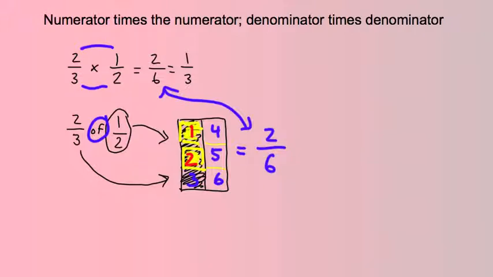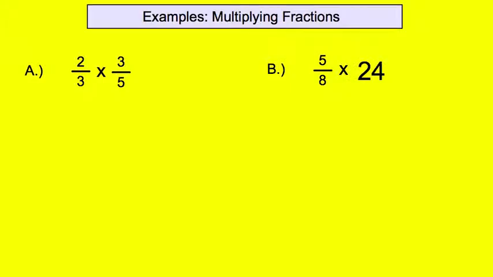All right, continuing on. Here's our example problems, and we're going to do the same strategy here. This times that. So writing down our problem, 2 times 3 equals 6, 3 times 5 equals 15, and not in its simplest form there. So again, this is our strategy for simplifying.